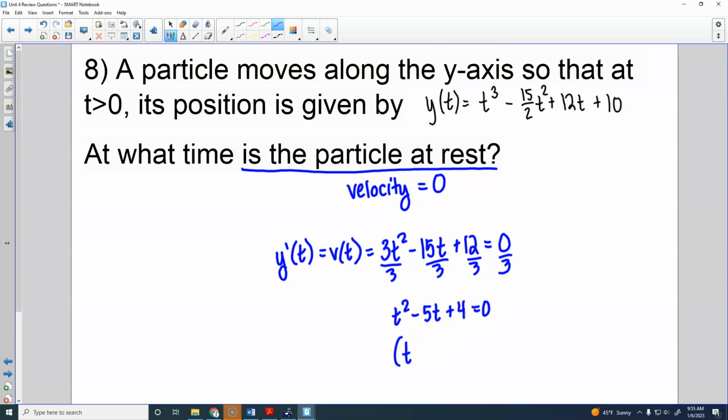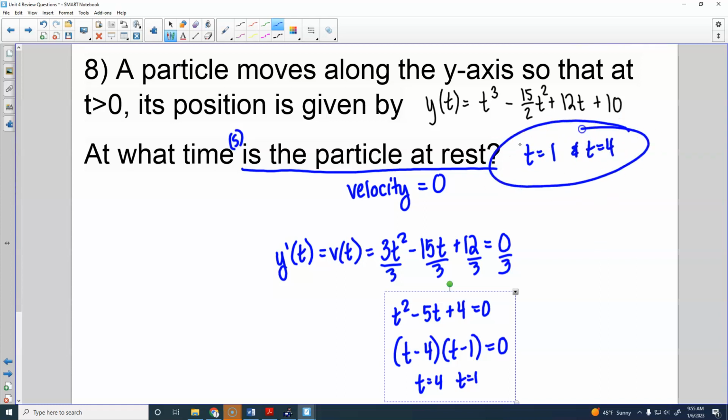So you'll have t minus 4, t minus 1, and so you'll get t equals 4 and t equals 1. So the particle, that should say at what times is the particle at rest. So you would say t equals 1 and t equals 4 would be your answer to the question. So if you see particle at rest, that's velocity equal to 0. It's been a little while since we looked at that stuff. Questions on that?